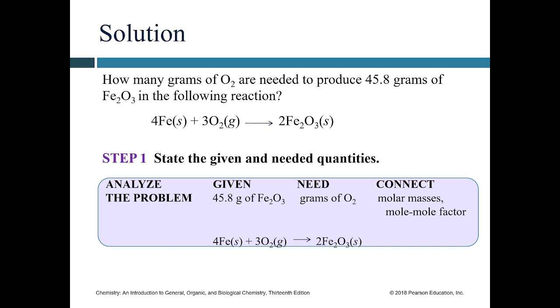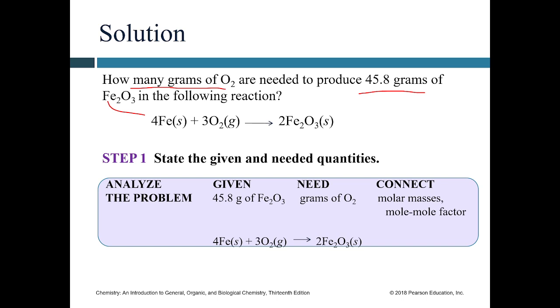So what we're going to do here is, again, we are trying to figure out how many grams of O2. That's what we need, right? And we have 45.8 grams of Fe2O3. So what this tells me is that I'm going to need to go from grams of Fe2O3 into grams of O2. I can't directly go grams to grams of any other number in a reaction, can I?